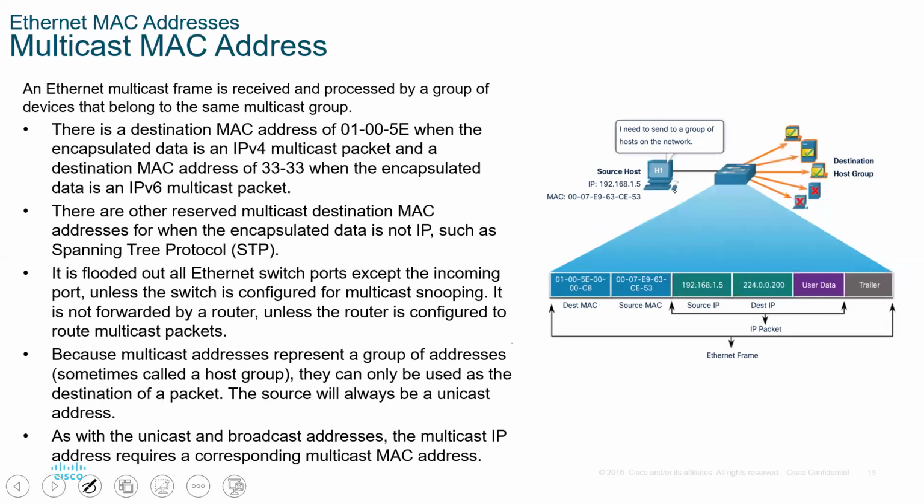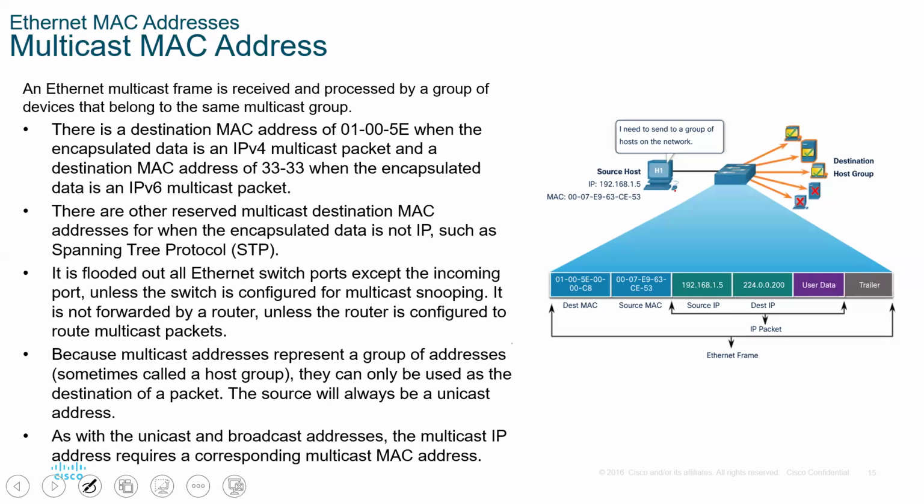And then there is the concept of multicast. The concept of multicast is that you are sending a message from one person to selected devices within a group. So it's not to one person, it's not to all the people, but it's to selected devices within the group. So in that case, you are sending a multicast.